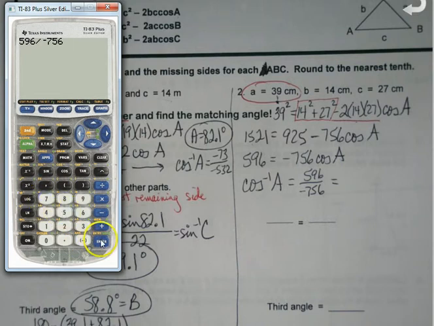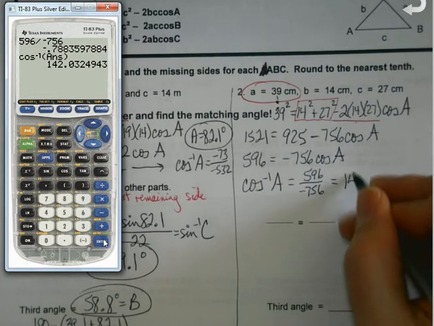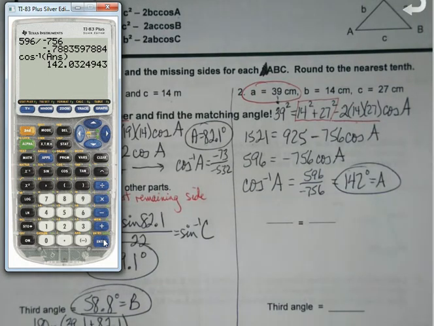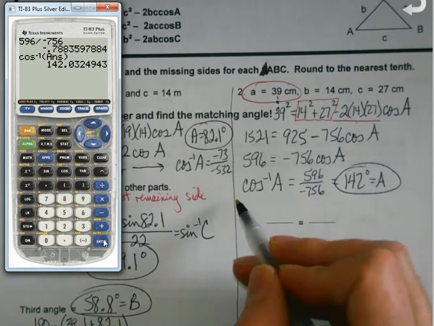So, I mean, there's lots of places that things can go wrong if I'm not careful, but in theory, this shouldn't be too bad. That's one big angle. Okay, so 142 degrees goes with my side A.